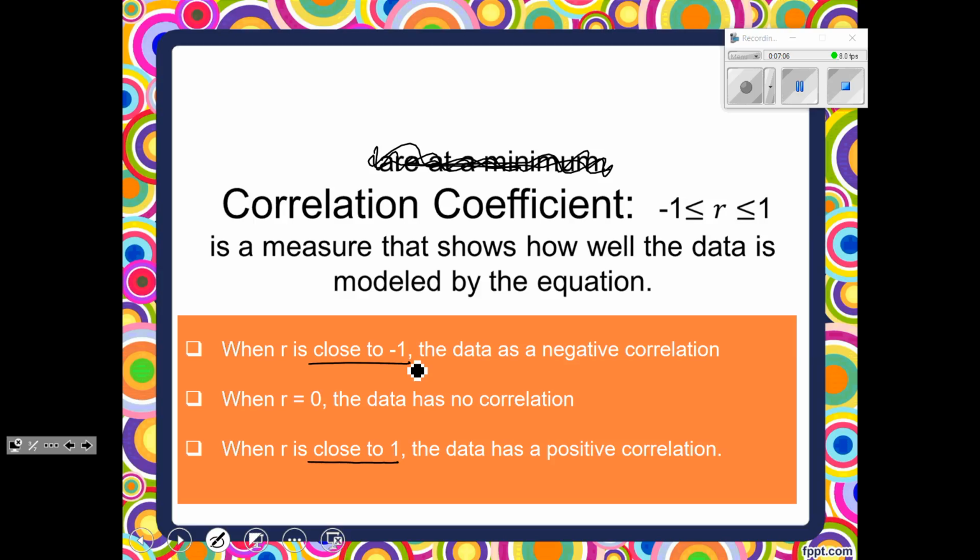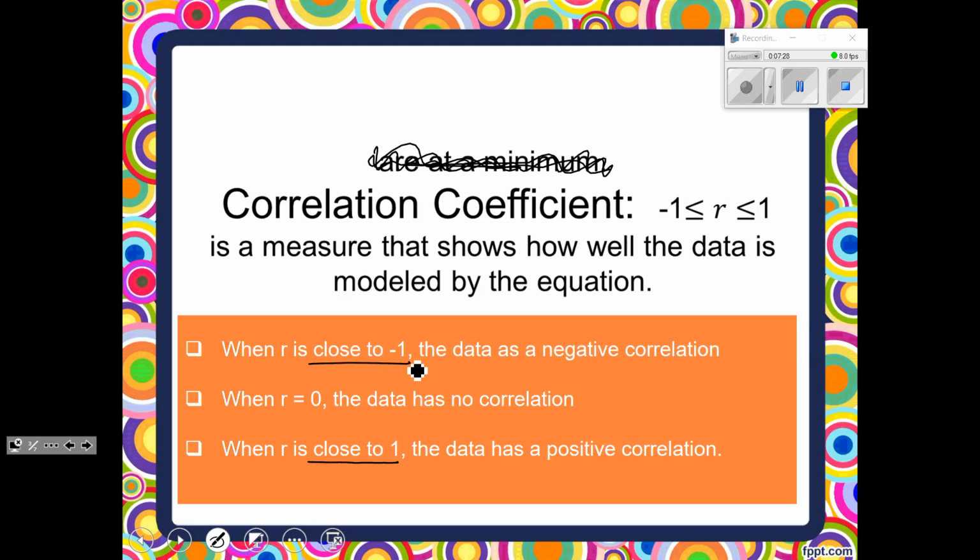That would be like me comparing your shoe size to the hours of TV you watch. Tell me, what's the relationship between your shoe size and the hours of TV you watch? The people that have bigger feet watch more TV. Does that make sense? No, those two variables have nothing to do with each other.